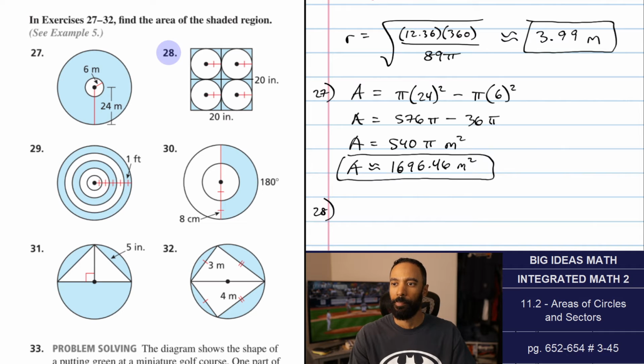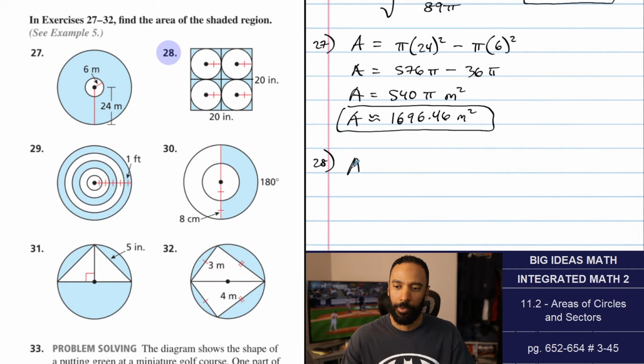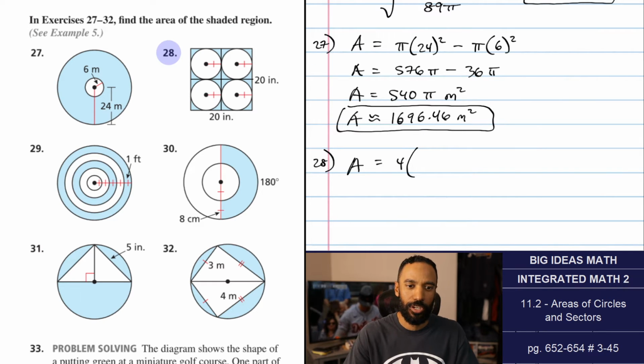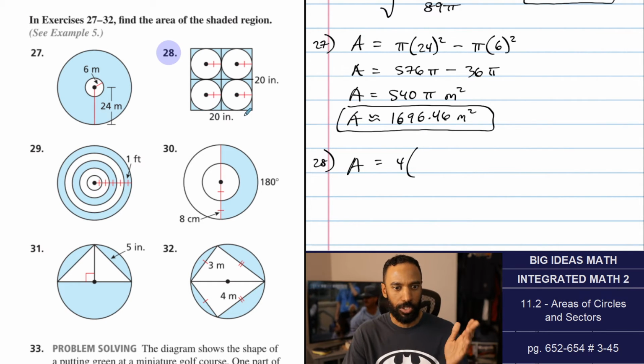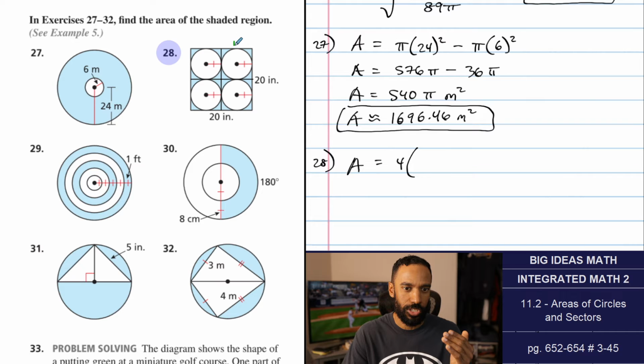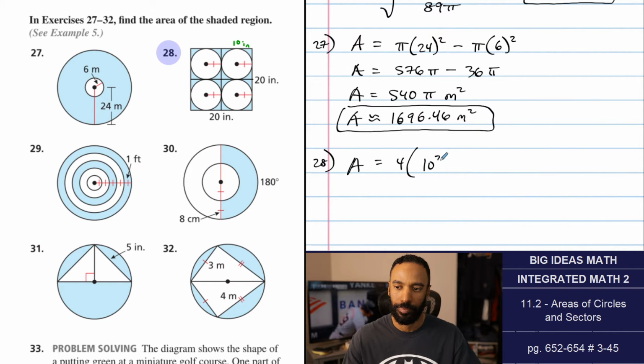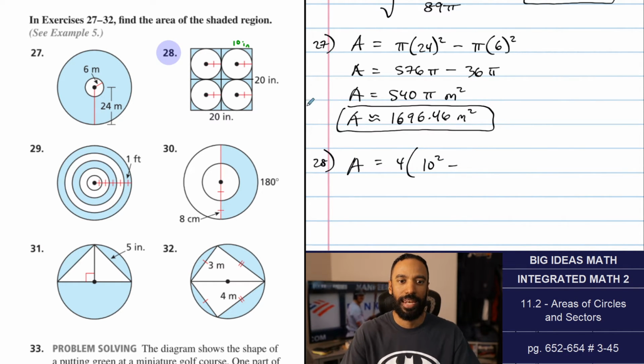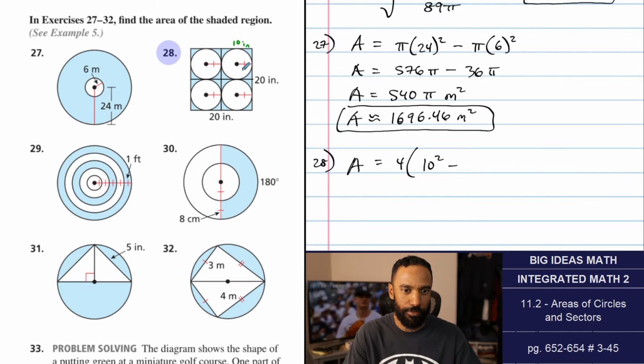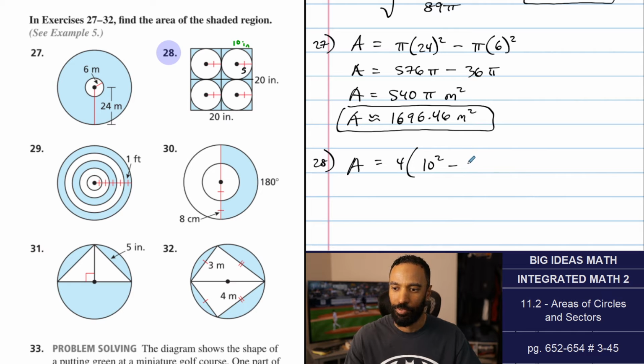All right. So the area is going to be 4 times whatever I do inside of there. Now, what am I going to do inside? 20 by 20 squared. That means each of these are 10 inches. I want the area of one of those squares. So 10 by 10, 10 squared, minus, if that's 10 inches, this radius is 5, half of 10. So pi times 5 squared.